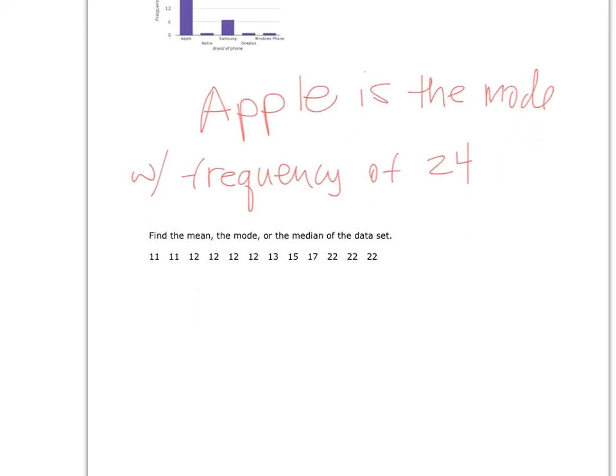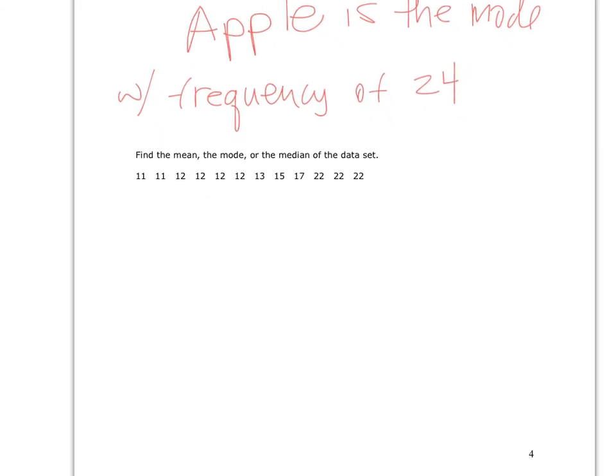All right, let's look at this little data set and use it to find these measures of central tendency. I'm going to start by calculating the mean. x bar equals the sum of the x's divided by n. In this case, our sample size is 12.